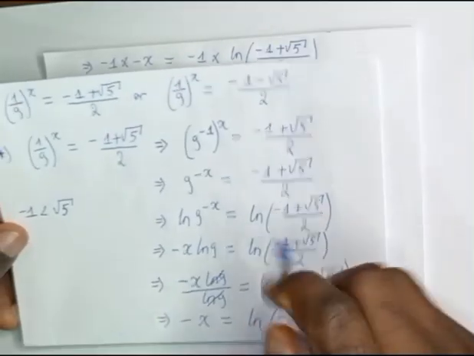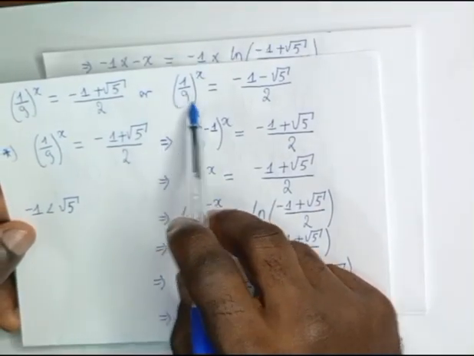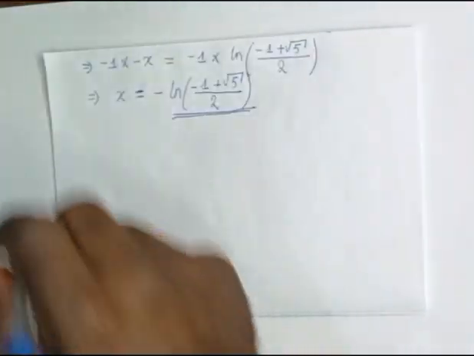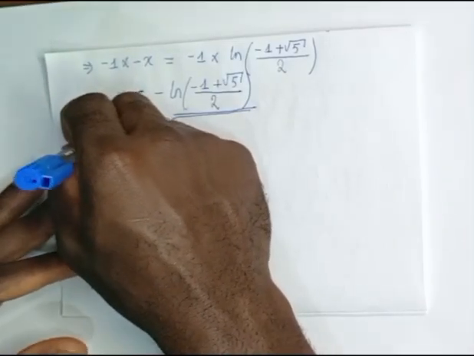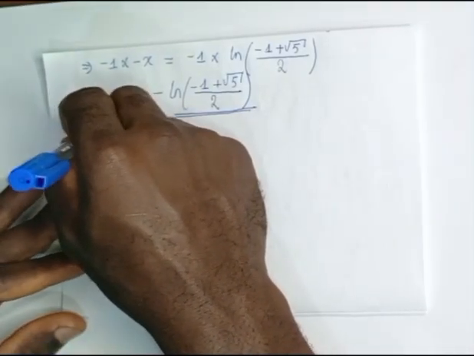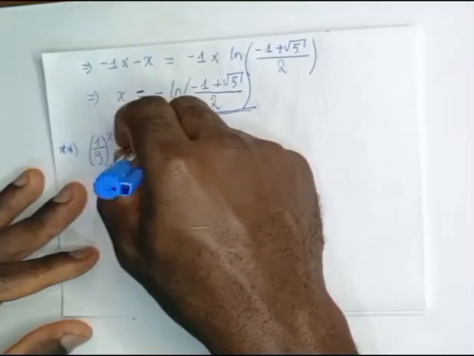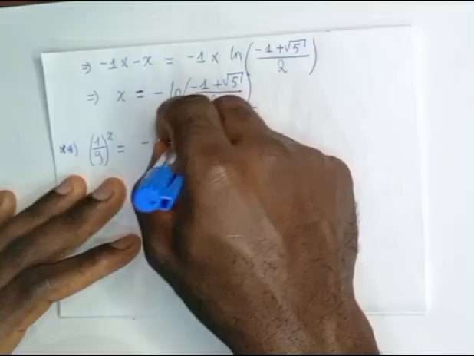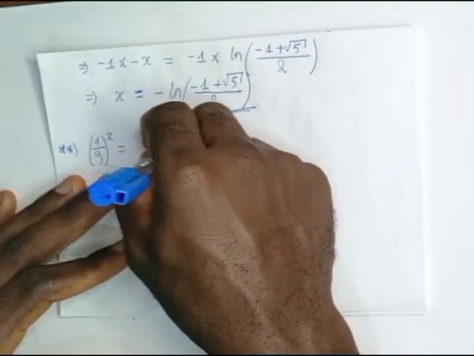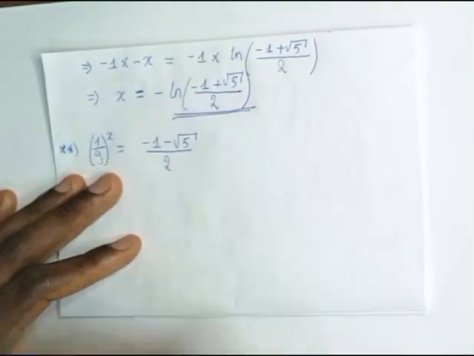Now let's move to the second solution, which is this. We have 2 star: 1 over 9, all this raised to the power x is equal to negative 1 minus root 5 all over 2.